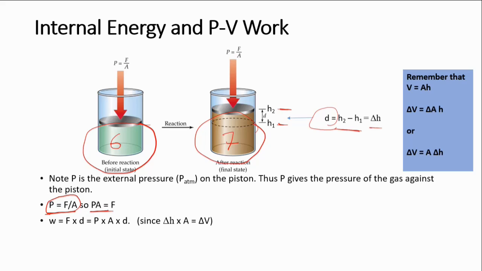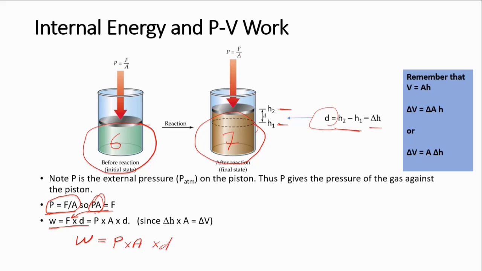Now, in our previous slides, we learned that work is force times distance. What we could do is to substitute force with pressure times area. So this is what we would end up with for work: work is equal to pressure times area times distance.